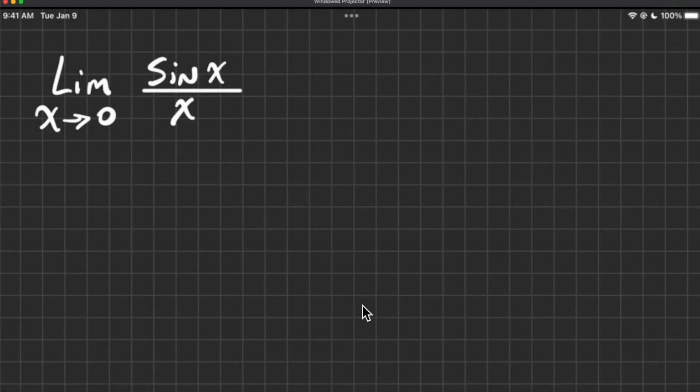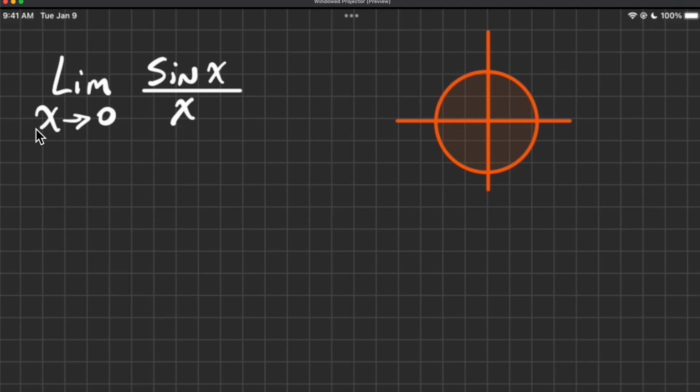Let's now look at our first example, which has the limit of sine of x over x as x approaches 0. So let's look at the numerator first. Recall from our unit circle that the sine of x is going to be the y-coordinate of the unit circle, depending on where we are.